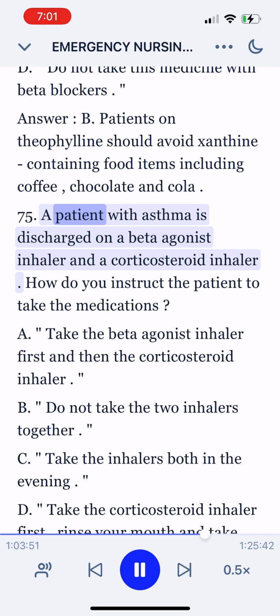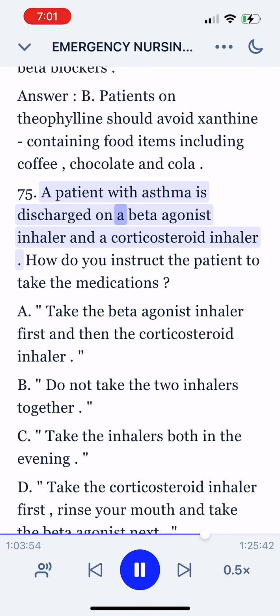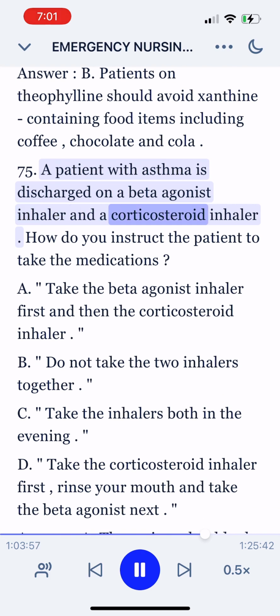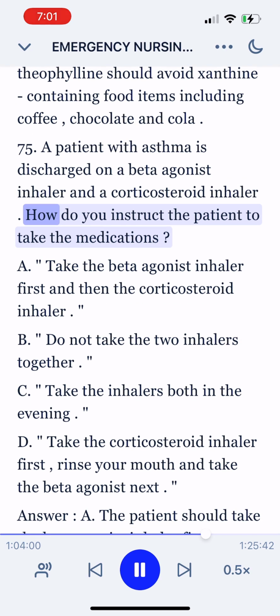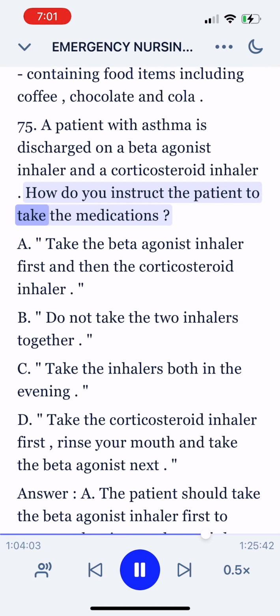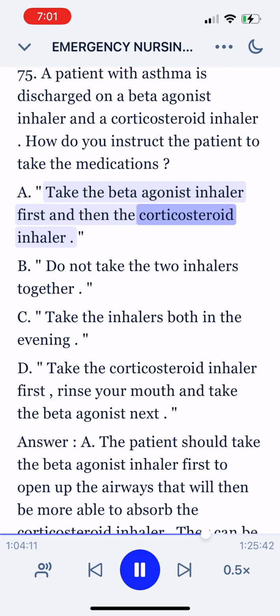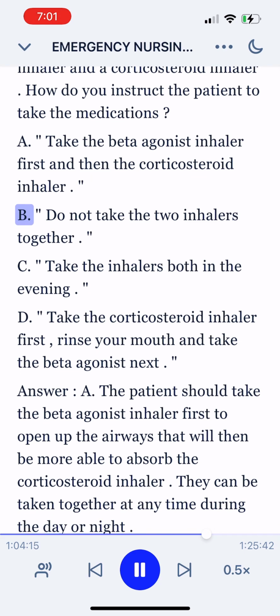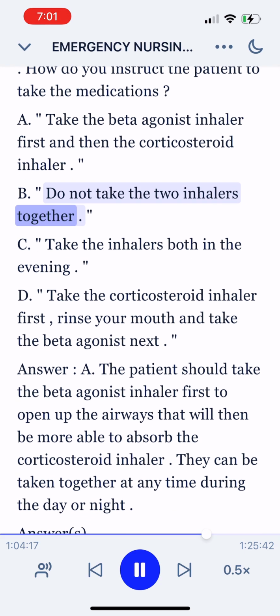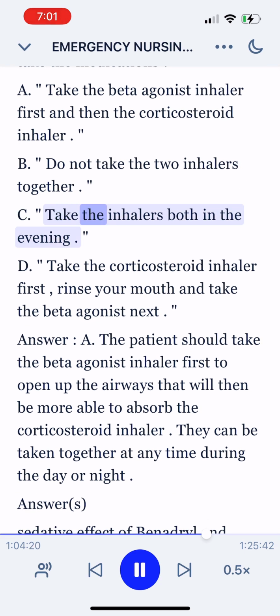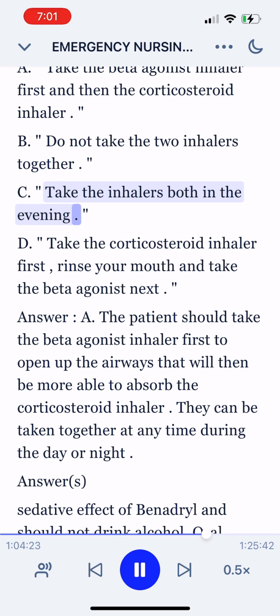75. A patient with asthma is discharged on a beta agonist inhaler and a corticosteroid inhaler. How do you instruct the patient to take the medications? A. Take the beta agonist inhaler first and then the corticosteroid inhaler. B. Do not take the two inhalers together. C. Take the inhalers both in the evening.